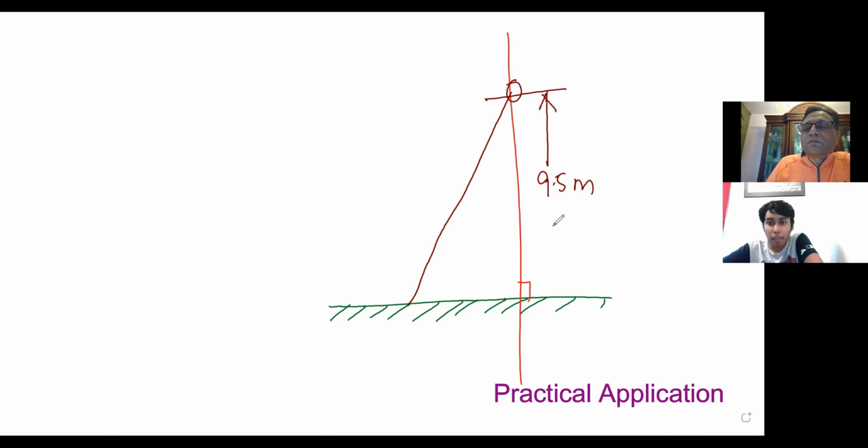If this angle was 72 degrees, you have to find how far the base of the ladder was from the building. Okay, the distance, sir.